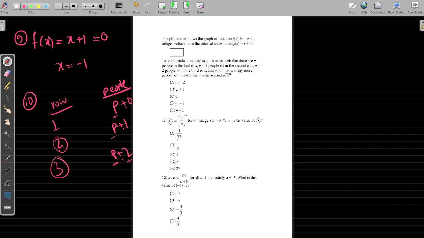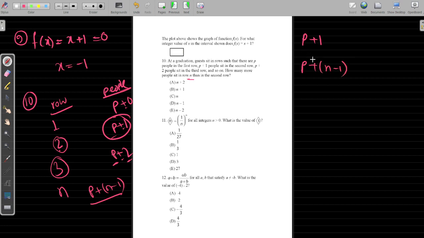Lastly, they have asked how many more people sit in the row. If the row number is n, then I need to write p plus n minus 1, right? So this is our answer. Here, how many more sit in row n than the second row? In the second row I have p plus 1 people, and in the nth row the number of people is p plus n minus 1.